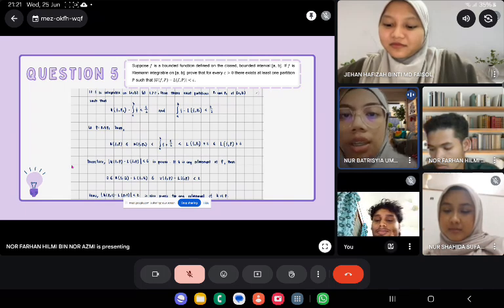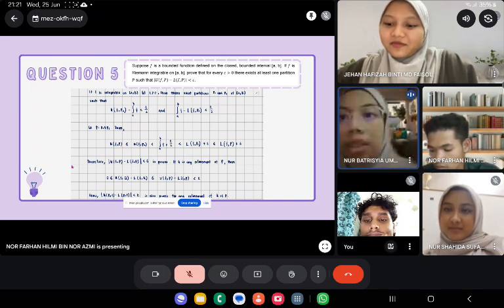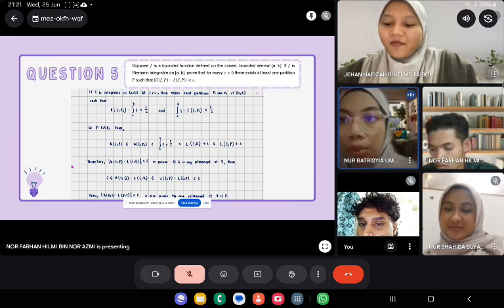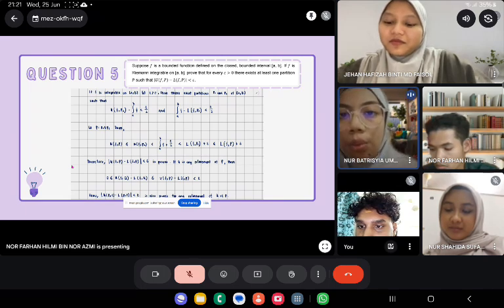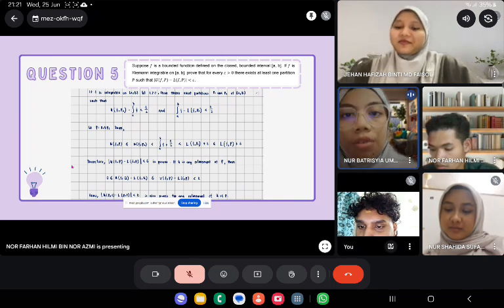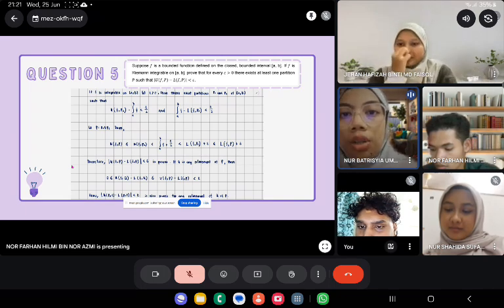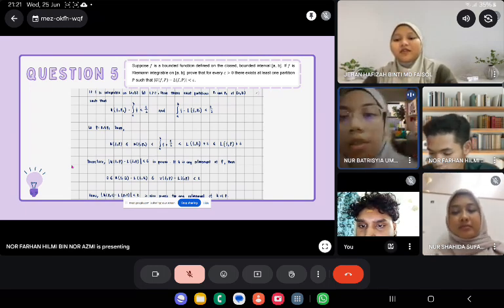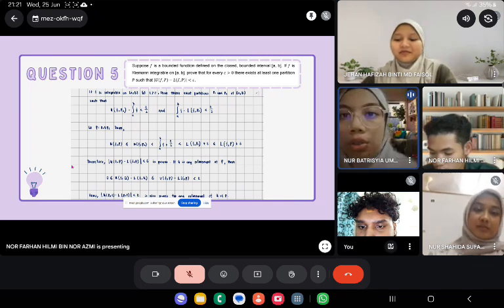So for the solution, if f is integrable on the closed interval [a, b], we let epsilon be greater than 0. Then there exist partitions P1 and P2 of [a, b] such that U(f, P2) minus the integral of f is less than epsilon over 2, and the integral of f minus L(f, P1) is less than epsilon over 2.